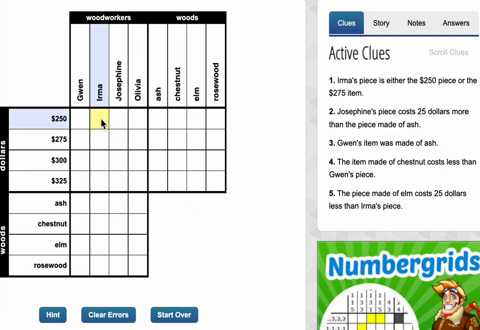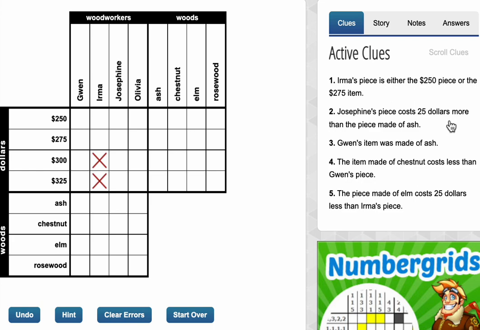Irma's right here. It could be this one, $250, or the $275. I don't know which one it is, but if it's one of these two, it can't be the $300 and it can't be the $325. Because if it's either the $250 or the $275, those are our restrictions. I might still need this clue, so I'm going to hang on to it.